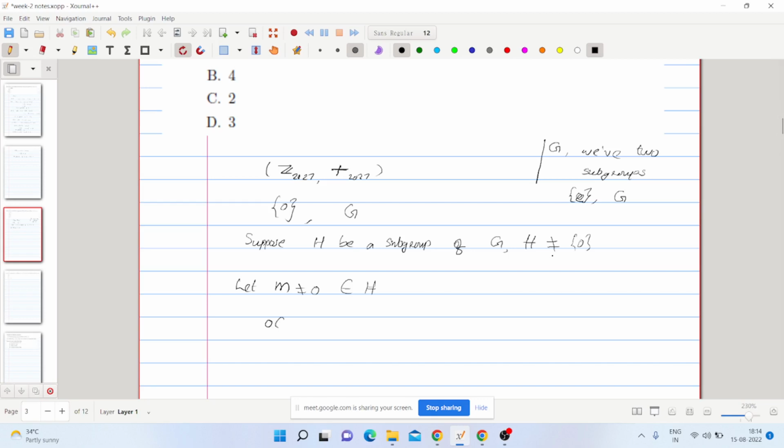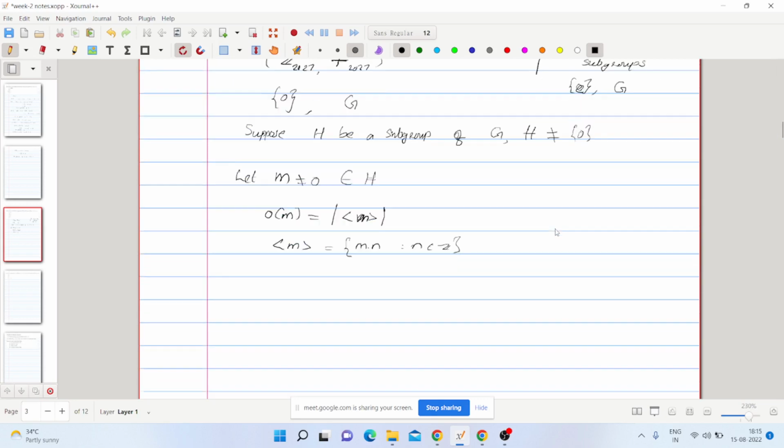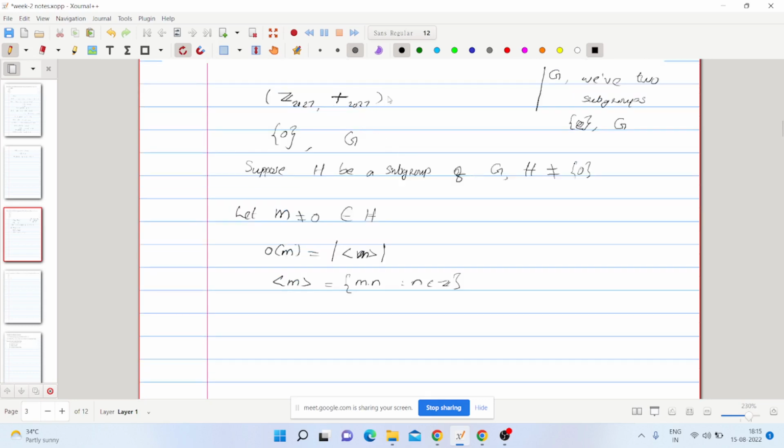Now, what will be the order of m? The order of m means the order of the subgroup generated by m. Let us see what the subgroup generated by m is. It is mn such that n in Z, actually under modulo 2027.